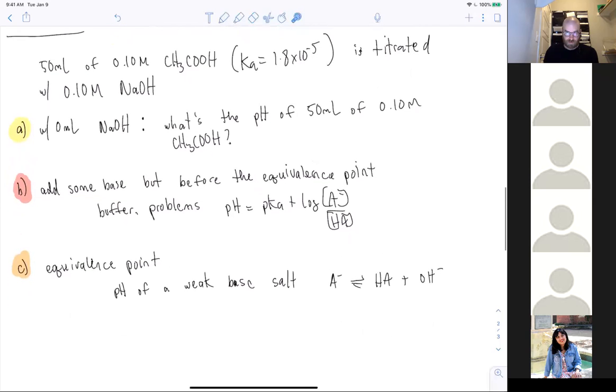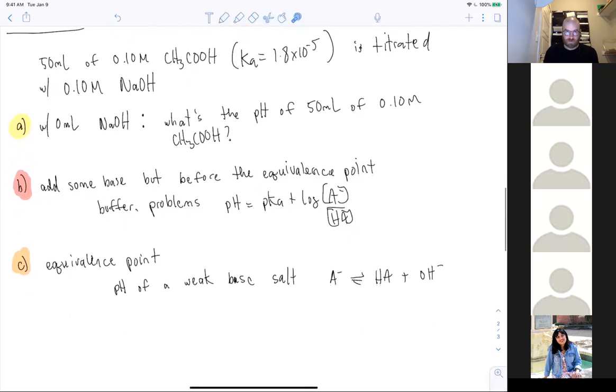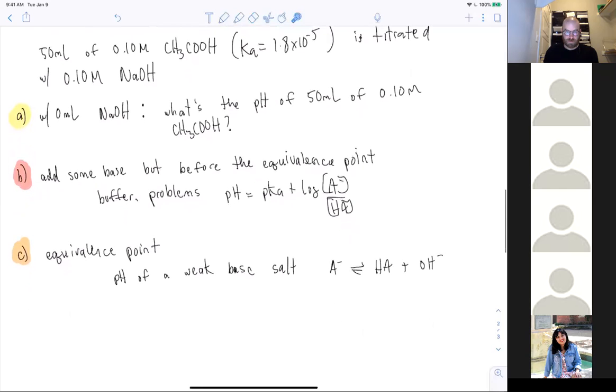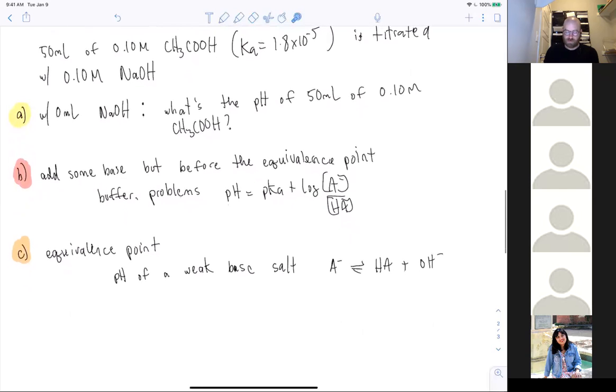Is the halfway point to the equivalence when there's equal moles, right? That's right. And that still falls into this region here. So halfway to the equivalence point is when A minus and HA are exactly equal. So you still use this equation, but this term just disappears.